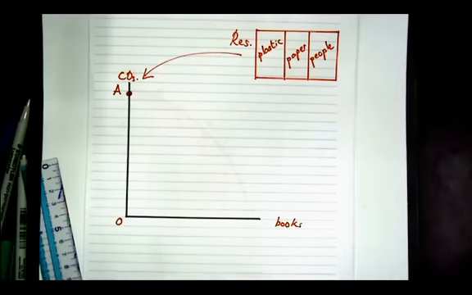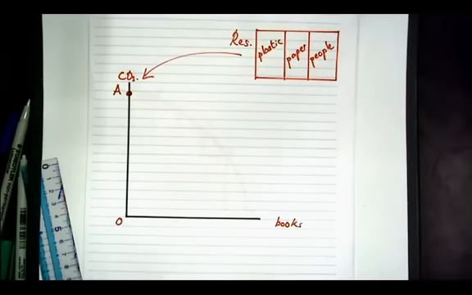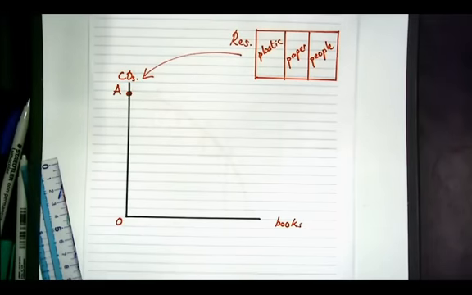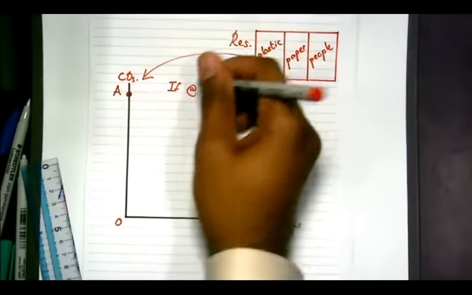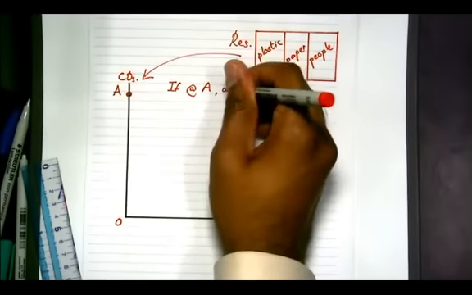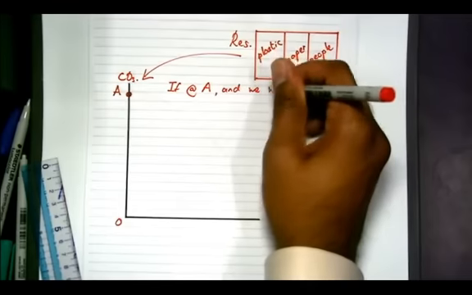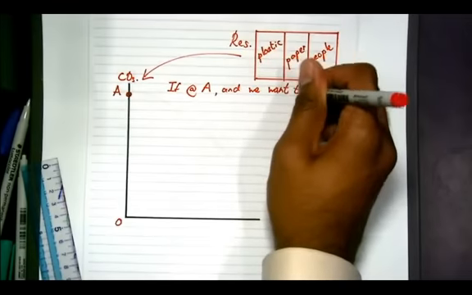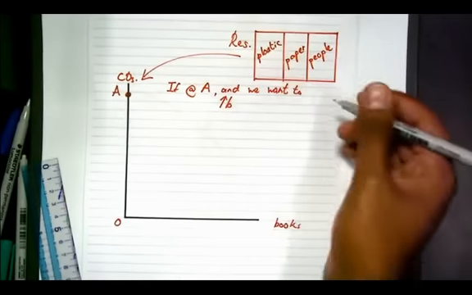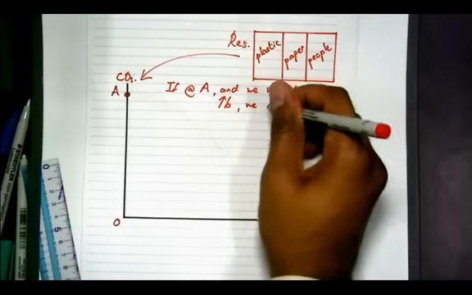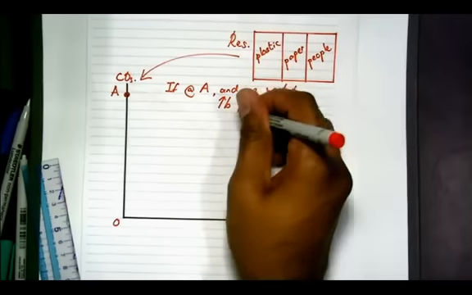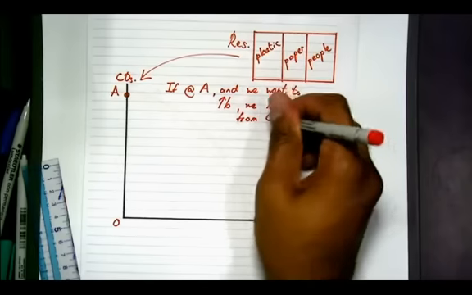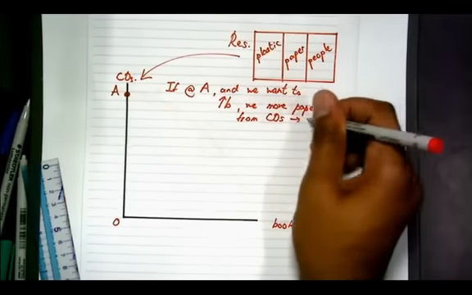No, because this paper wasn't useful in making CDs in the first place. So if we are at A and we want to increase book production, we would move paper from CDs into books.